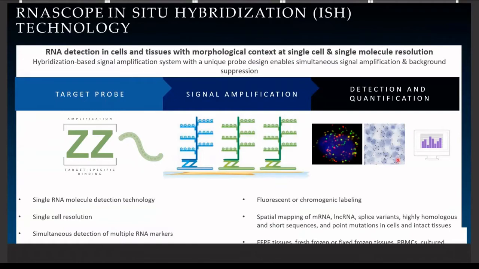And this assay can be applied to cells, FFPE tissues, fixed and fresh frozen tissues, PBMCs, and so forth. So not only is our assay sensitive and specific, but we have developed the assay so that it can expand to a number of sample types and target types as well. And I'll go in detail in some of the next few slides to expand on that a little more.